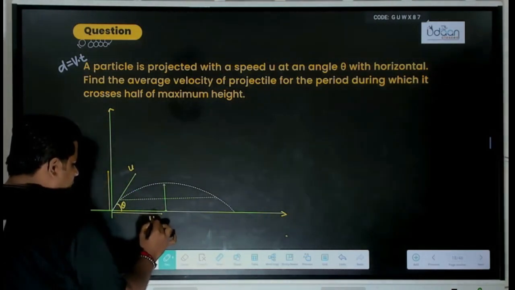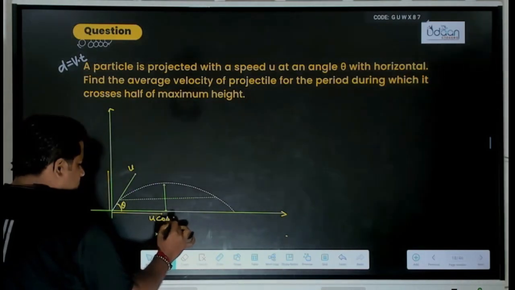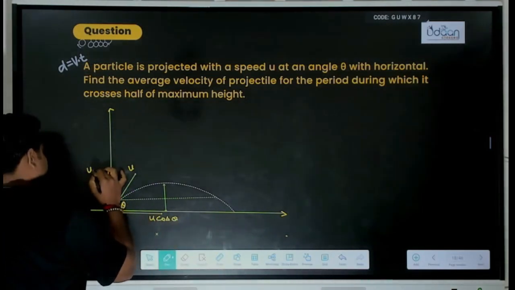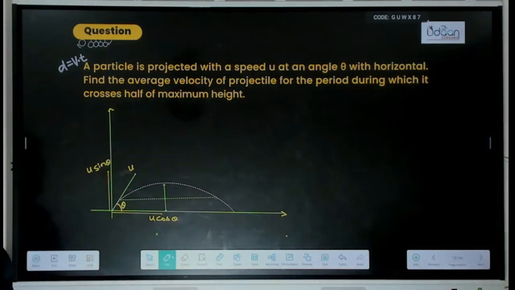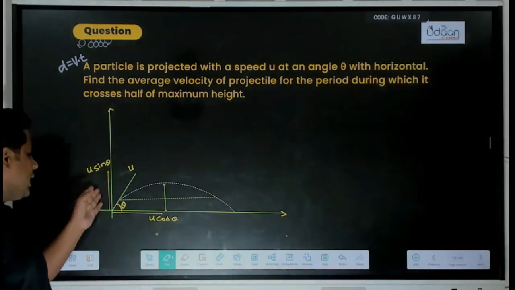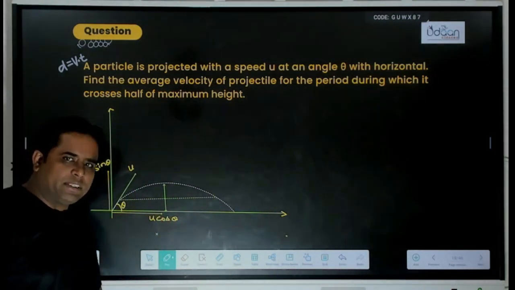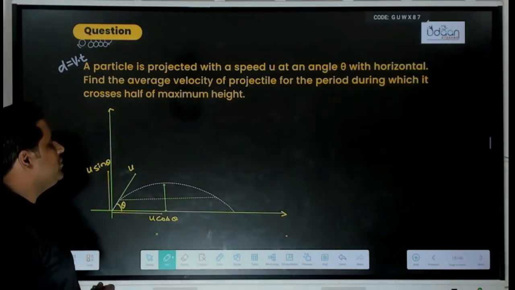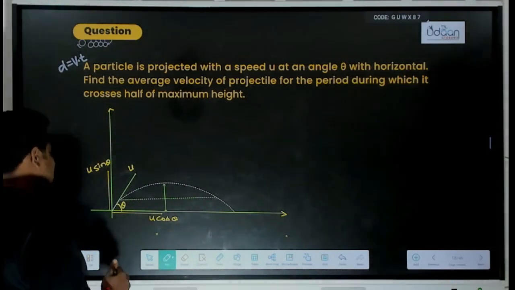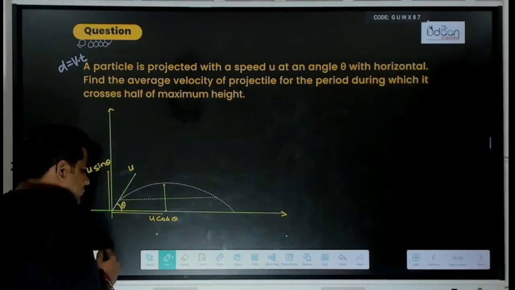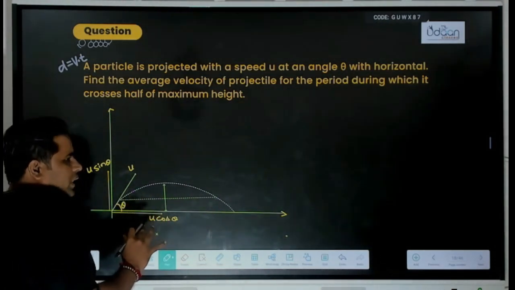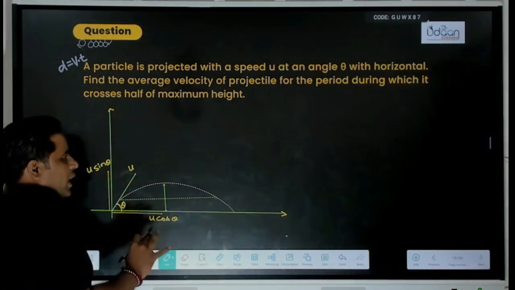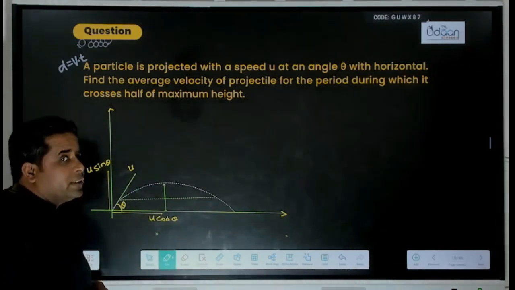So this is u cos theta, and this side it is u sin theta. So student, let me know one thing, that we have to find out the average velocity. Alright. So on the x-axis, do you think that any such point comes where the velocity is changing?